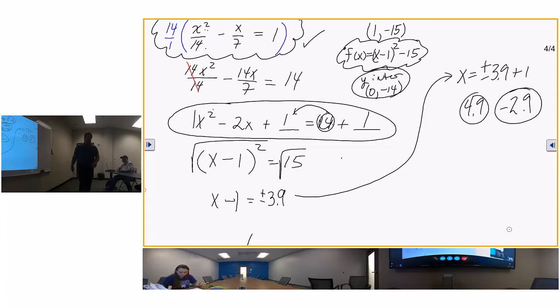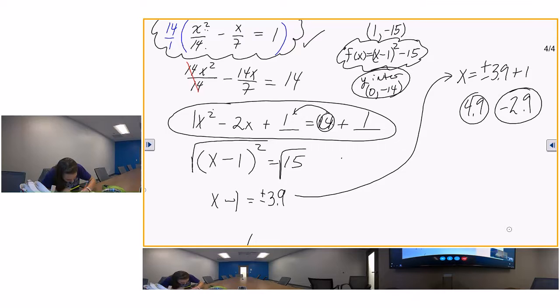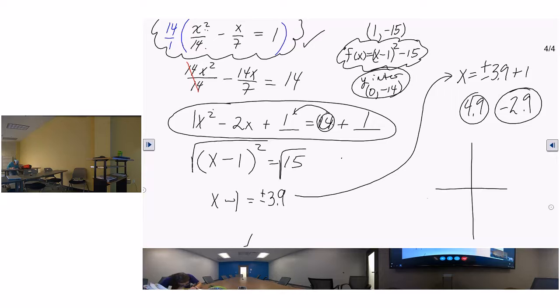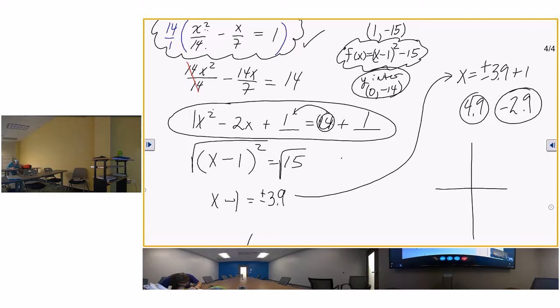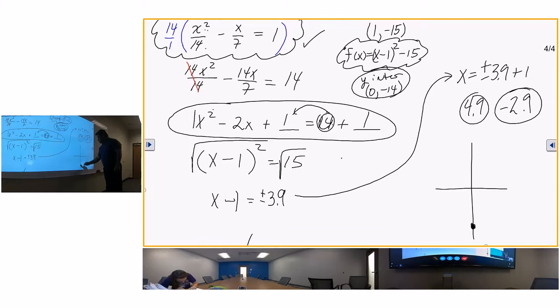I'm not going to go through the domain and range because y'all should have that by now. So go ahead and draw it up. We're just going to draw this one. And our (0, -14), that's way down here. 4.9 is out here. 2.9 is right here.